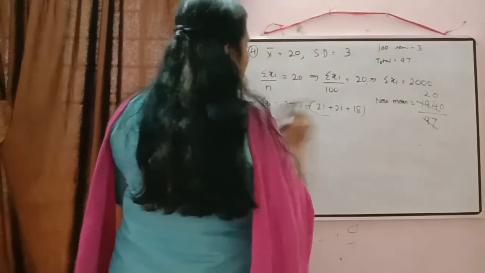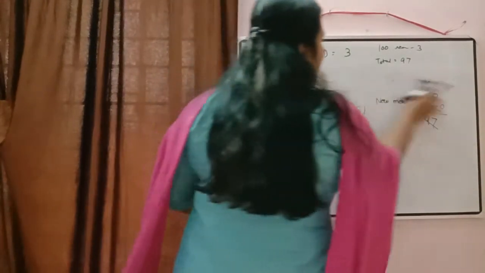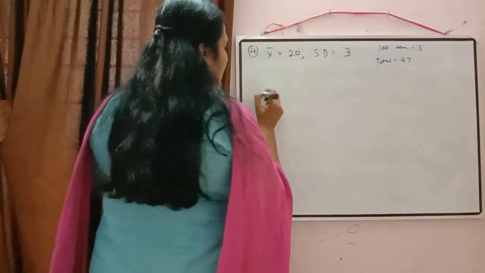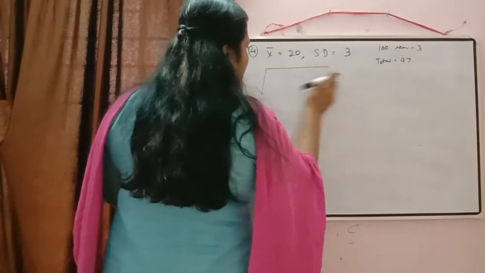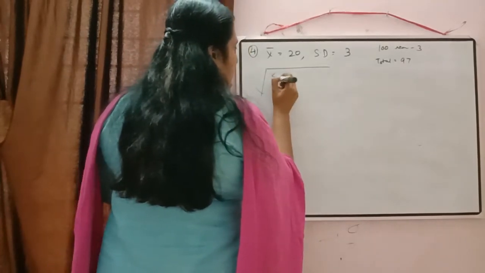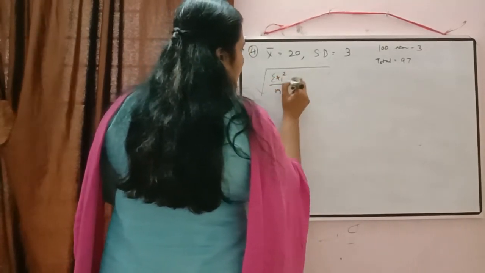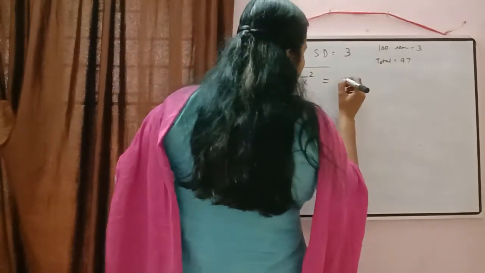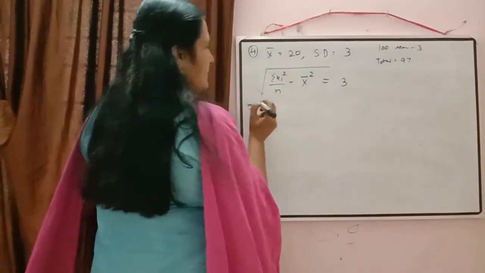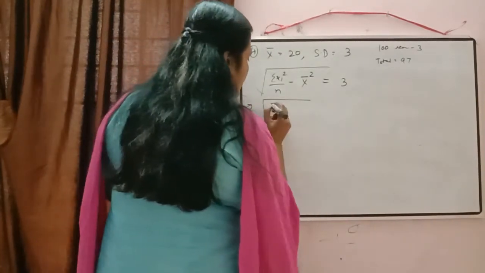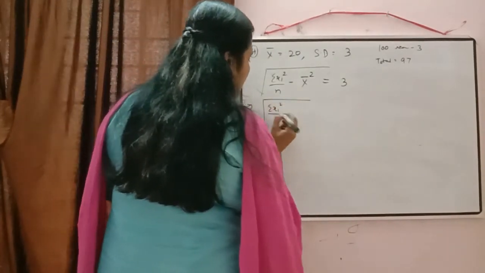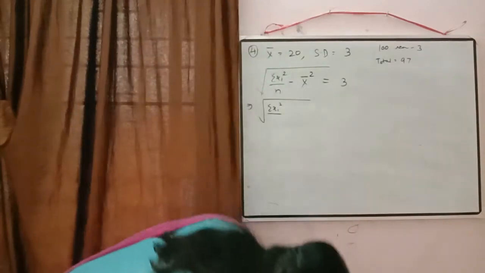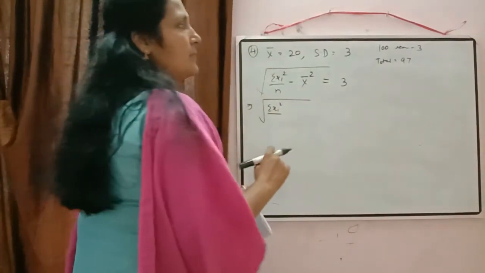Now we can check the standard deviation. The standard deviation given is equal to 3. According to the formula of standard deviation, the square root of sigma xi square by n minus x bar the whole square is equal to 3. Now we substitute the values. At present we are not putting n equal to 97.